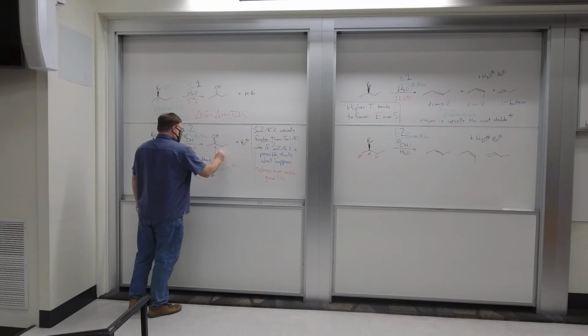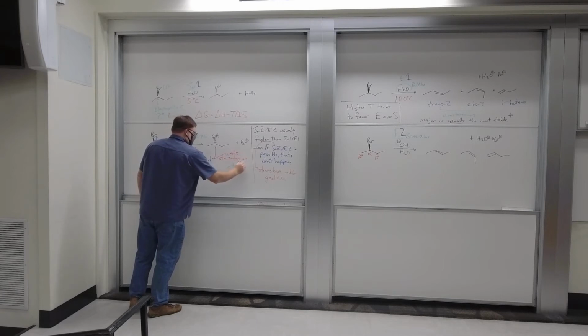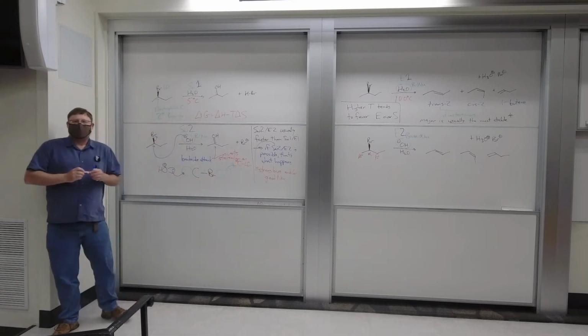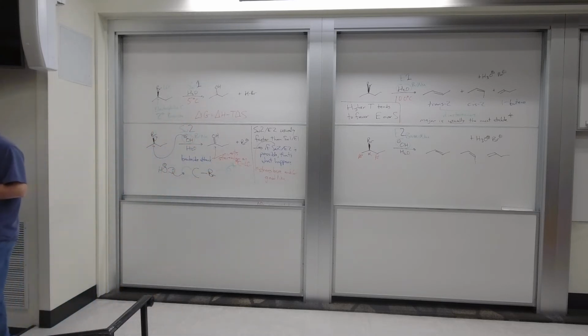Backside attack inverts the stereochemistry on the carbon that's got the leaving group. So if it was pure R, I would get a pure S alcohol. If it was 80% R, I would get 80% S alcohol.